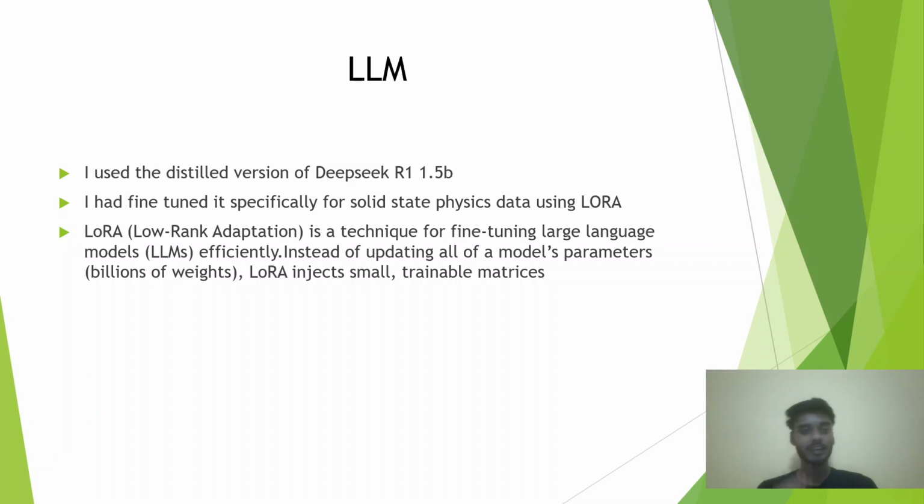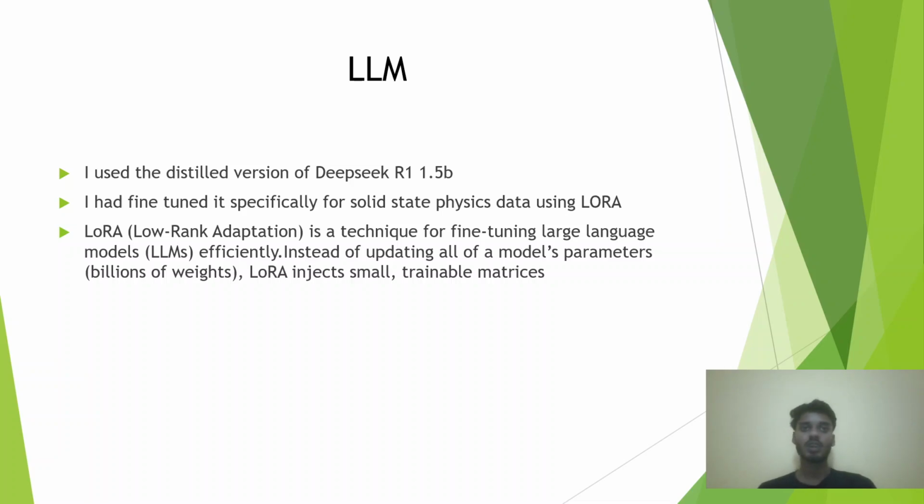And for this part, the LLM I had used was DeepSeek R1, 1.5 billion parameters. I had specifically tuned it for the solid state physics data using low rank adaptation. Low rank adaptation is basically this: an LLM has layers, and each layer has weights associated with it.